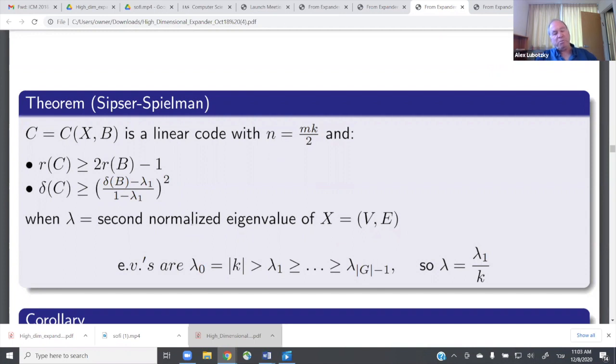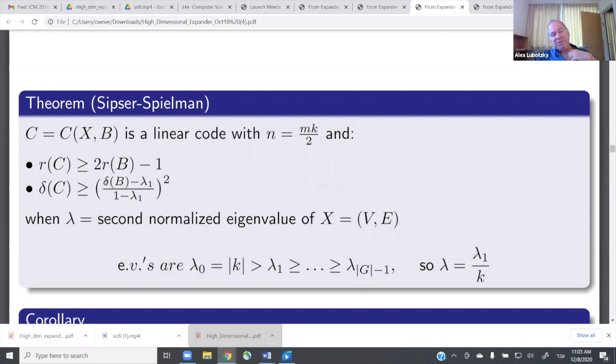A nice way to present it is via some results of Noga Alon and Fan Chung, that the distance of the large code is bounded by this interesting number.